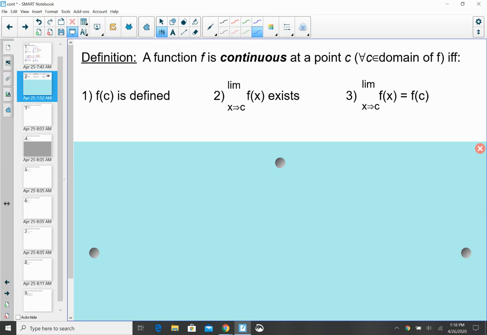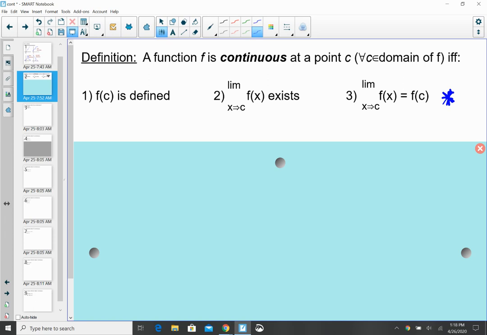Some people say that this third criterion is the most important of the three, and sometimes you can even just do this, because if you have a value of c, that takes care of the first one, and if you have a value for the limit, that takes care of the second one. All right, so think about this. The limit exists. Now remember, that means it approaches the same thing from the left and the right, and the value is defined.